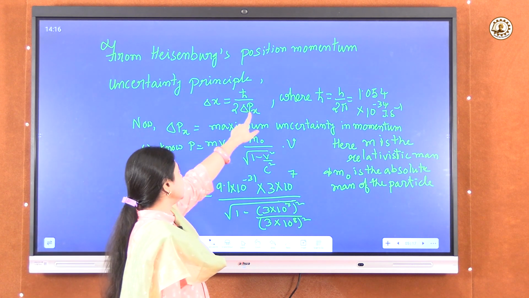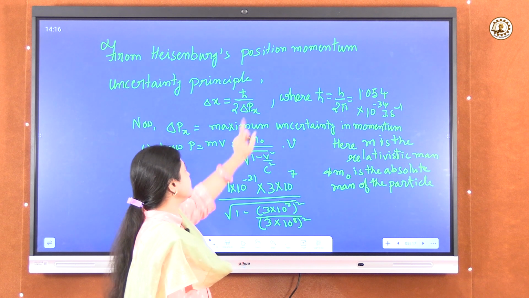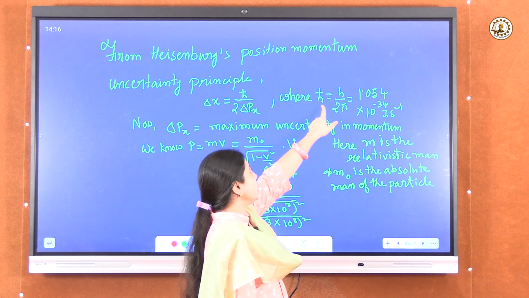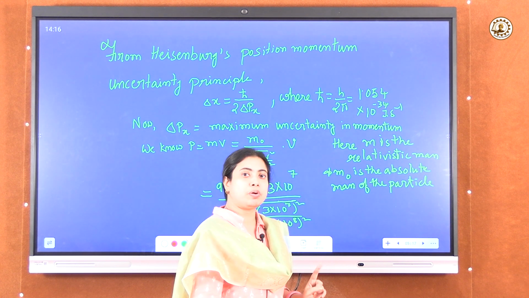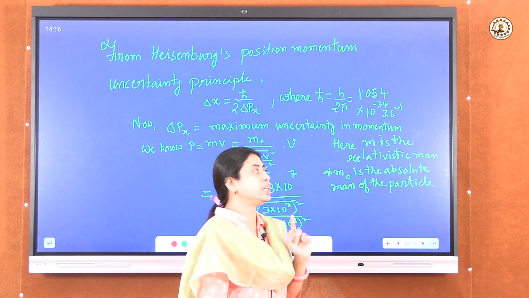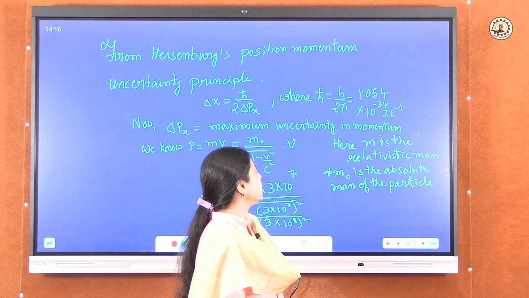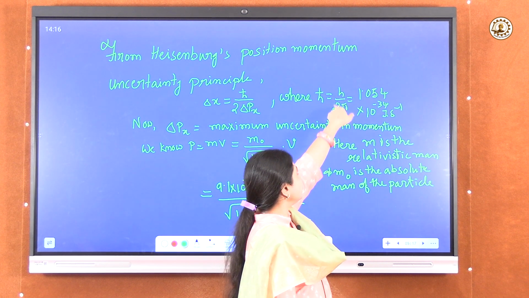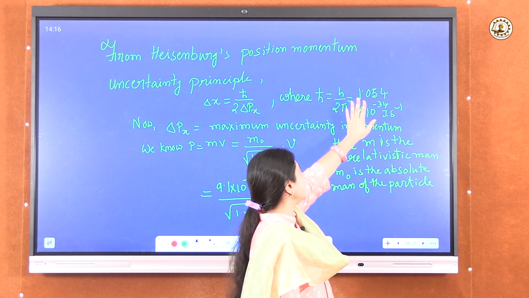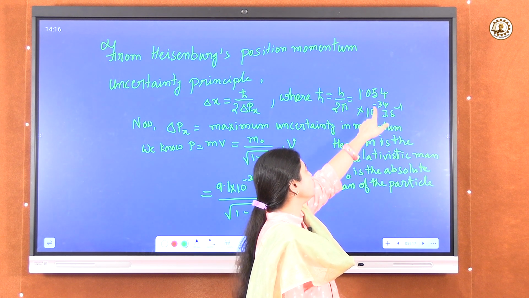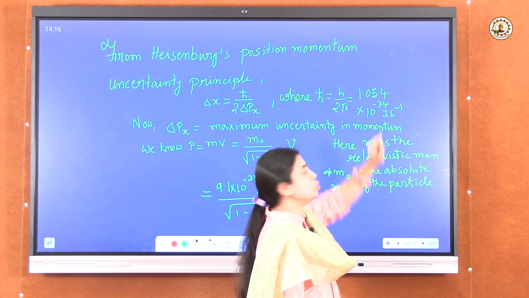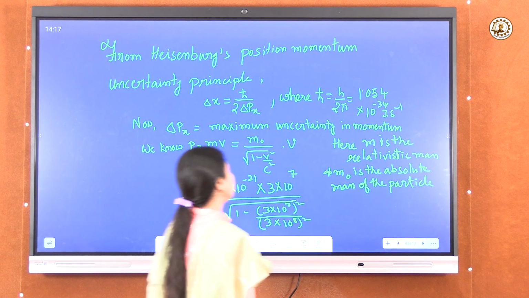I have taken it in the denominator from this side, and h cross equal to h by 2 pi. Value 6.63 into 10 to the power minus 34 joule second, and after calculation the total value comes 1.054 into 10 to the power minus 34 joule second. So that is the value.